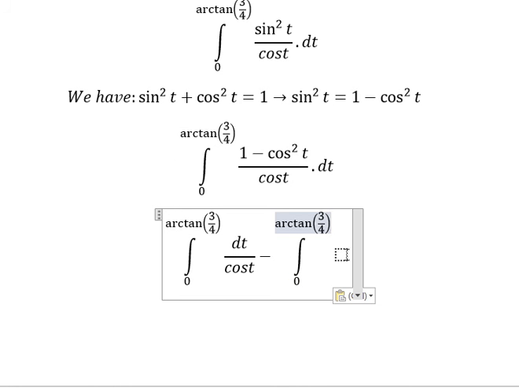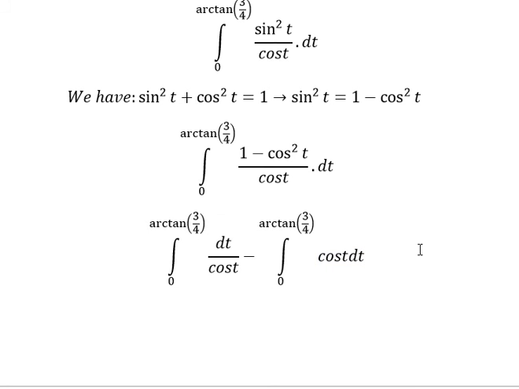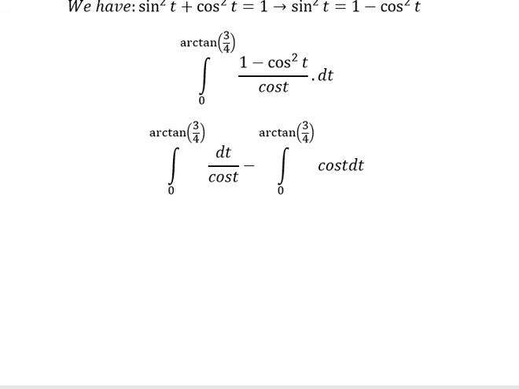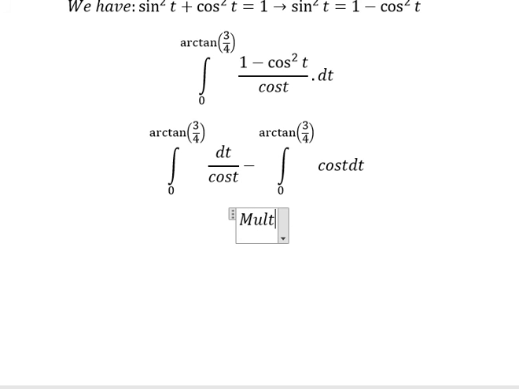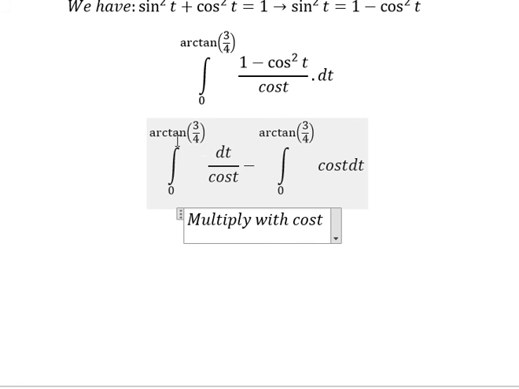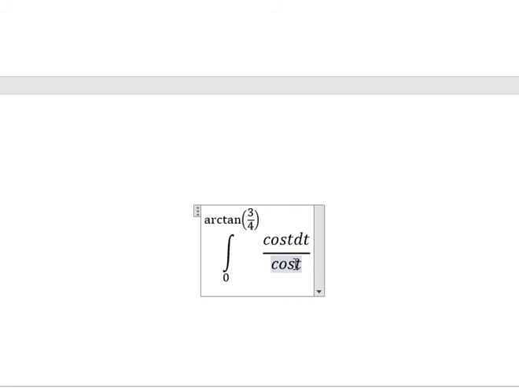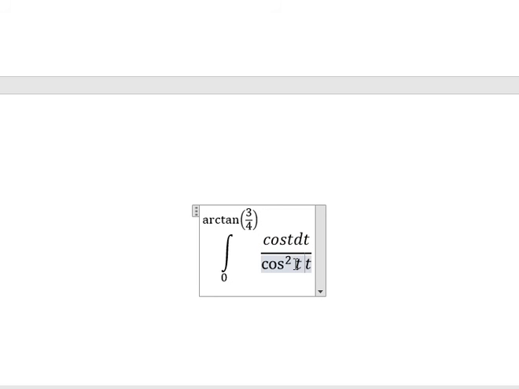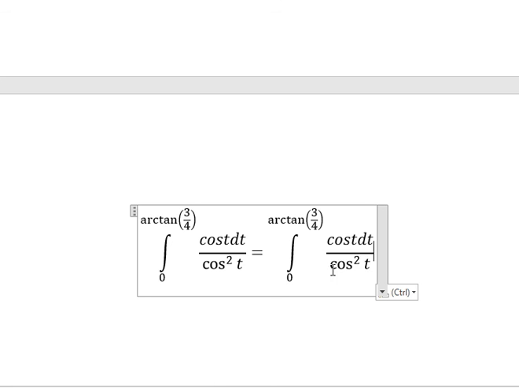Cosine t divided by cosine t, so you get cosine t left. Now in this one we multiply with cosine t in here, so you will get cosine t and cosine t squared. And now for this one we convert to 1 minus sine t squared.